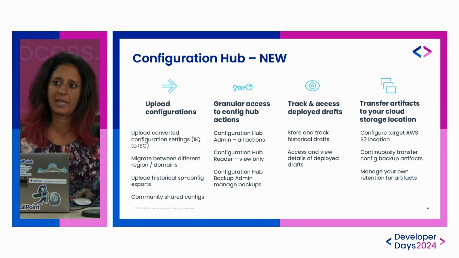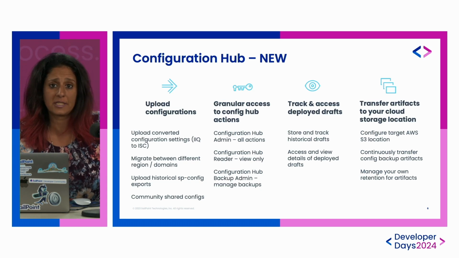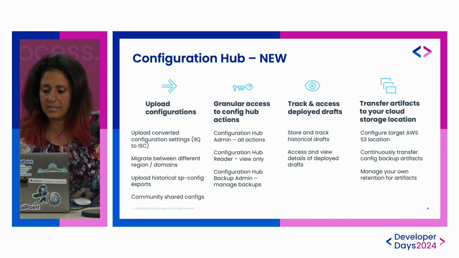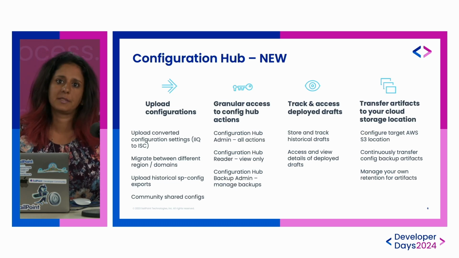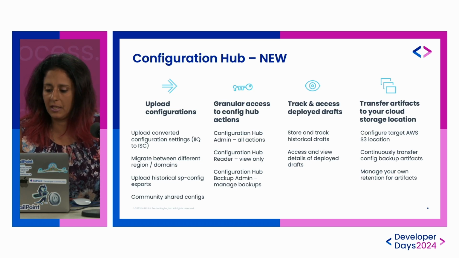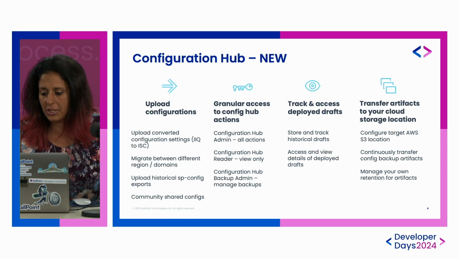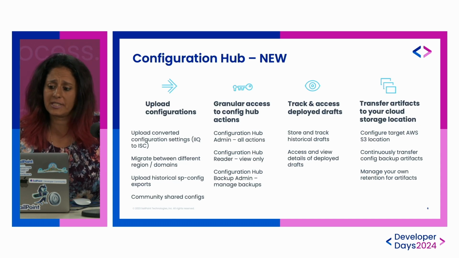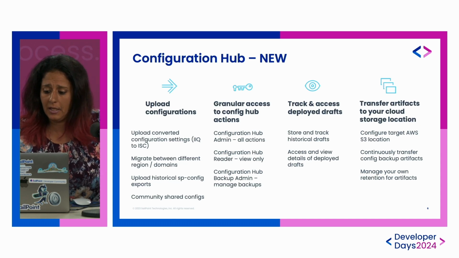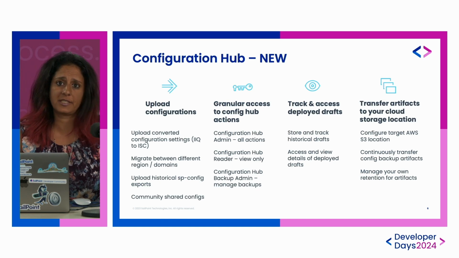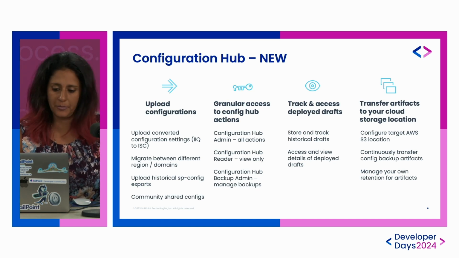So a customer can provide an S3 bucket, to which Configuration Hub will continuously transfer Configuration Hub artifacts. That would include backups, activity logs, and deployed configuration. Then customers can manage their own retention for these artifacts for different purposes.